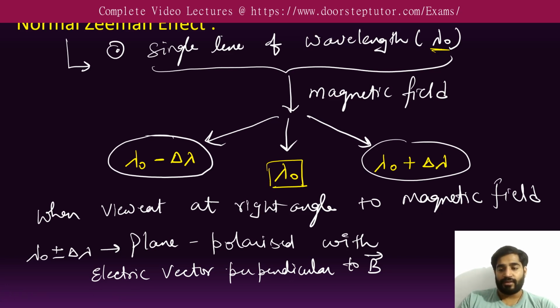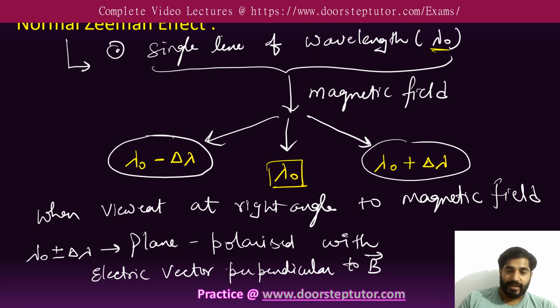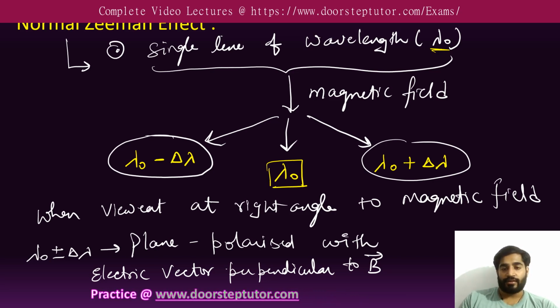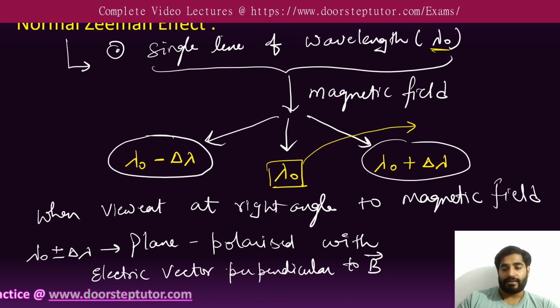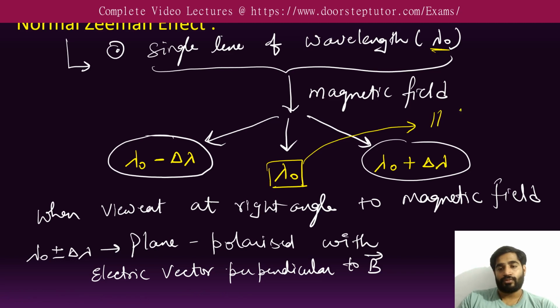And this source, lambda naught, is also plane polarized, but one condition is there. You have to remember that this central plane polarized component is parallel to the magnetic field.